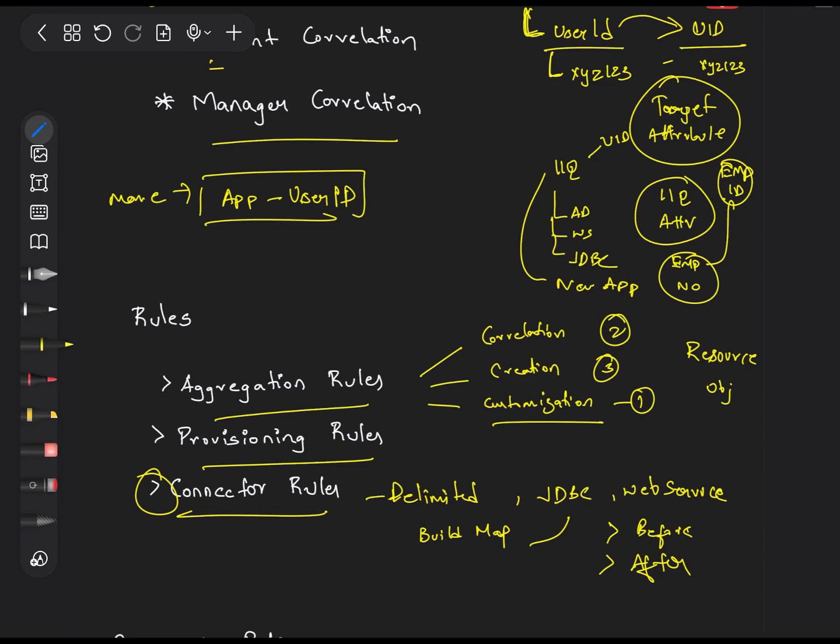And for correlation, if you want to correlate based on multiple attributes, checking any specific correlation key like email, user ID, employee number and all, that can be configured in the correlation rule.